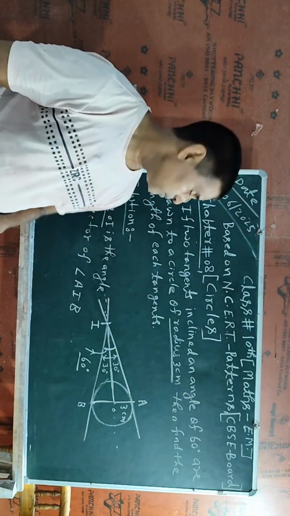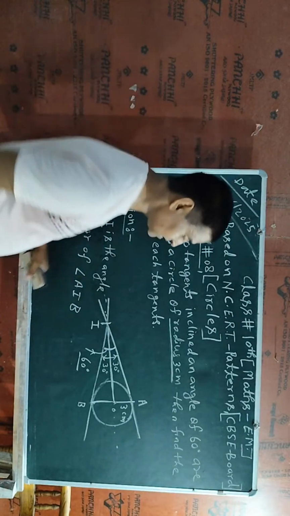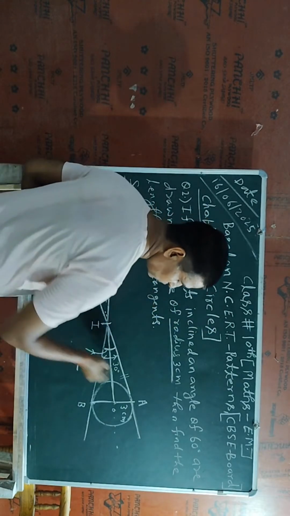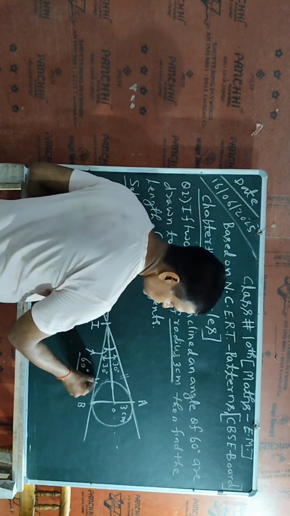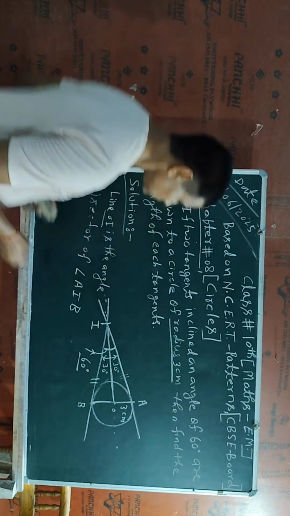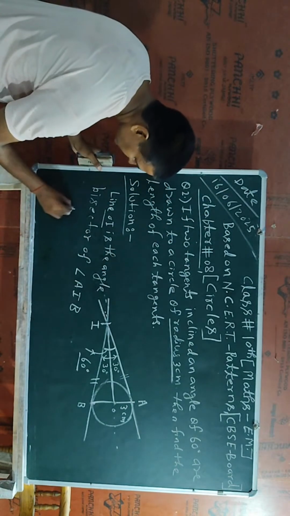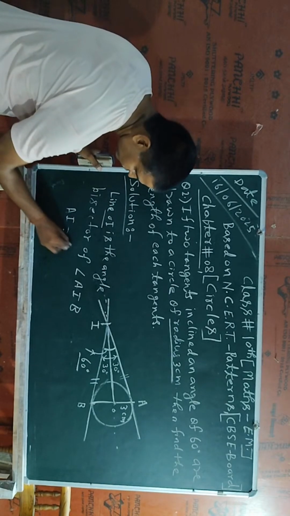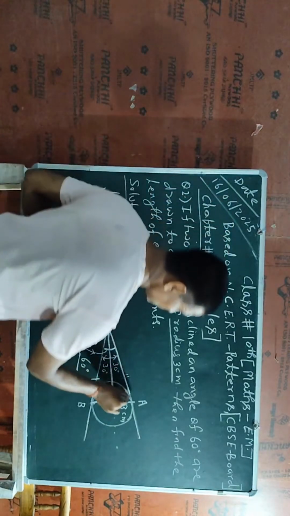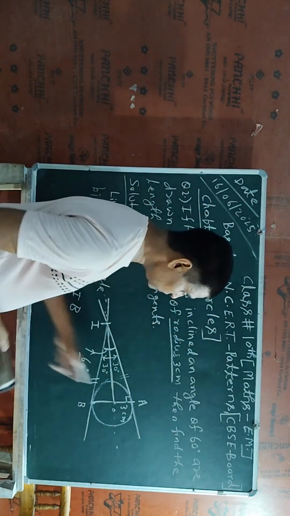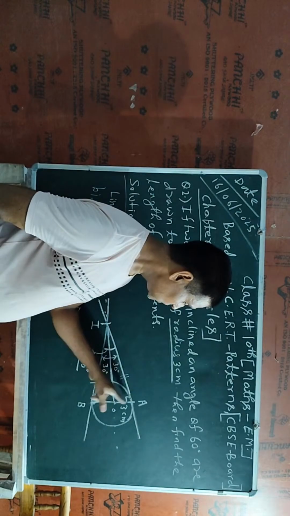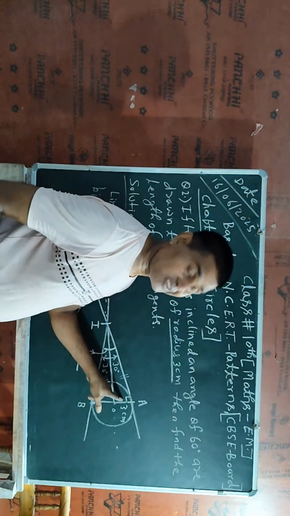Now one piece of information: if two tangents are drawn to a circle and both tangents intersect at a certain point, then both tangents will be equal. In other words, we can say that AI is equal to BI. Now one additional piece of information: if any line is drawn from the center of the circle to the point of contact of the tangent, that line will be perpendicular.